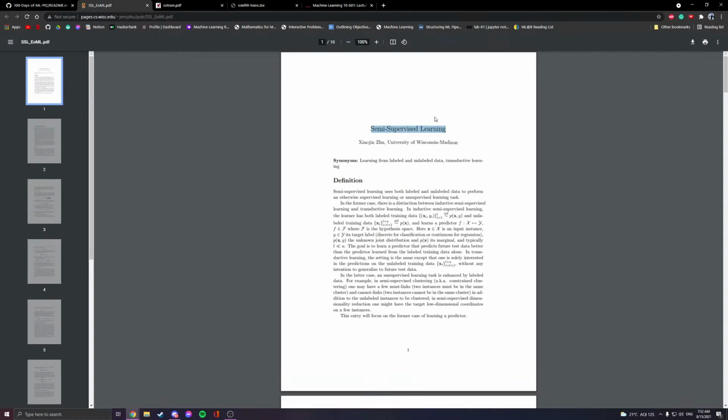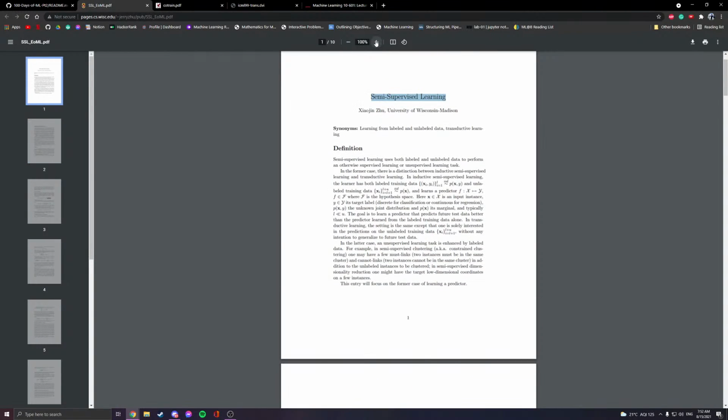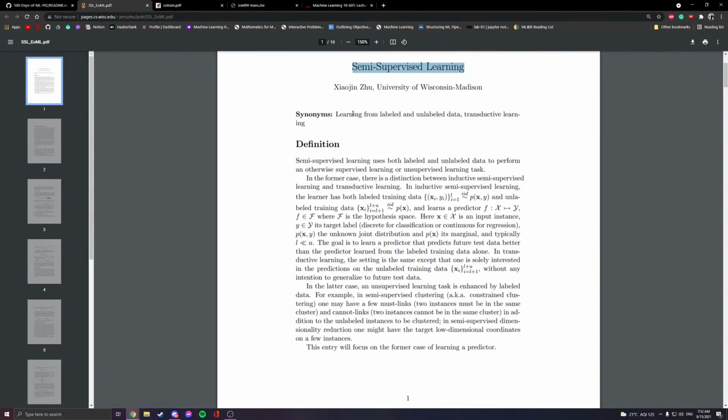Let's go ahead and start with this paper then. From labeled and unlabeled data, transductive learning.